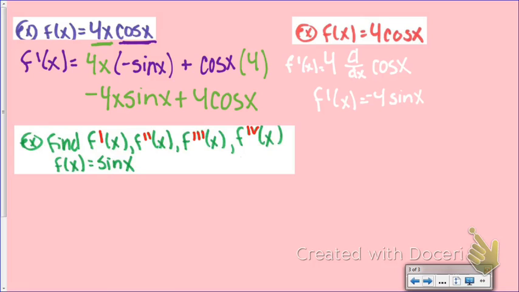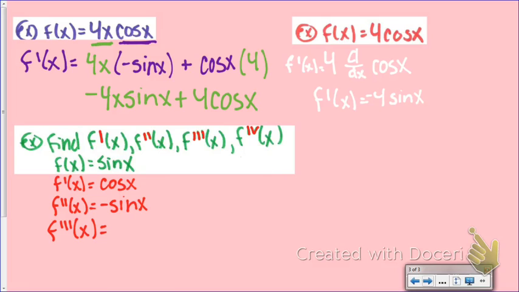So f of x is the sine of x. So what I'm going to do now is I'm going to find f prime of x. Well, the derivative of sine we know is cosine. Now the second derivative is the derivative of the answer we just got. So the derivative of cosine is negative sine. Now to find the third derivative, I'm going to find the derivative of negative sine x.